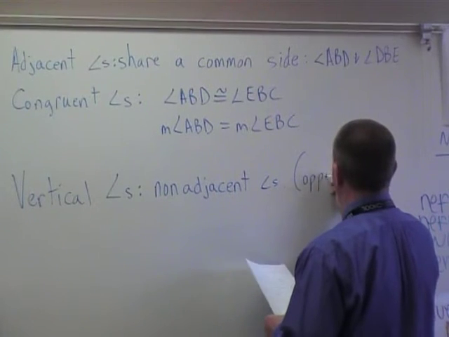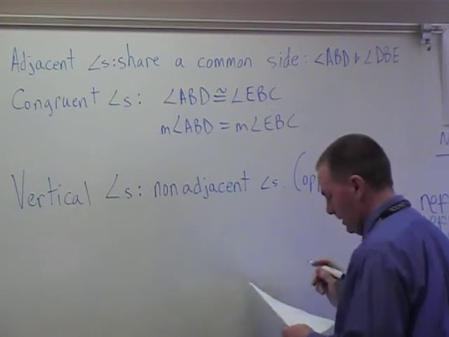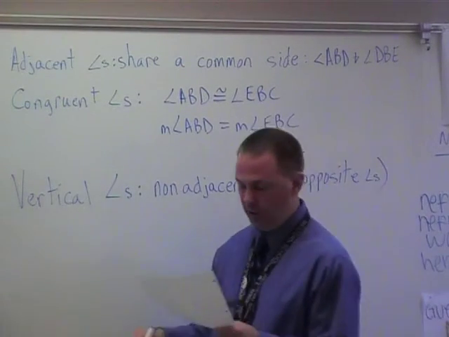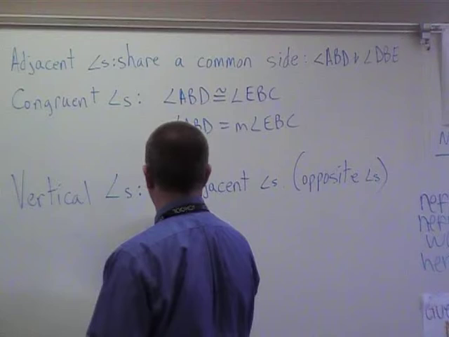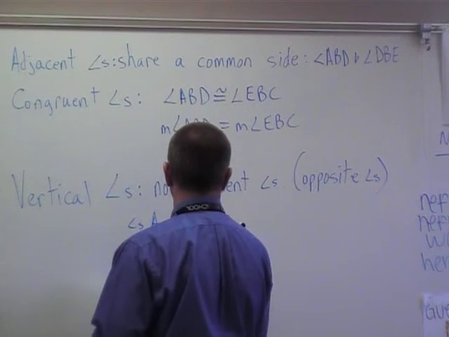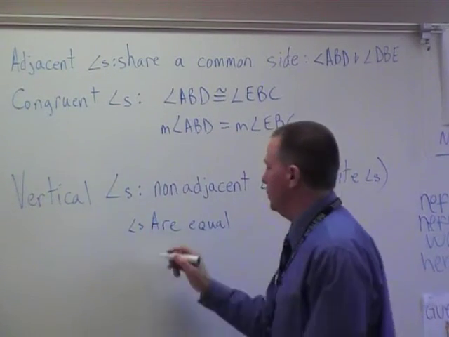We call them opposite angles. That's the term we like to use. Most of us don't use vertical for the terminology. They are also equal. Angles are equal. So you need those two things.